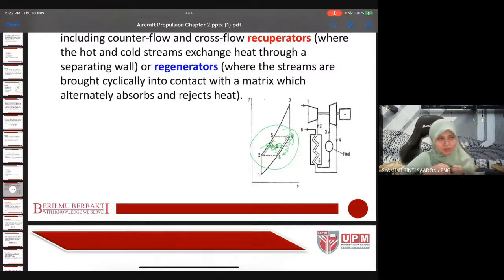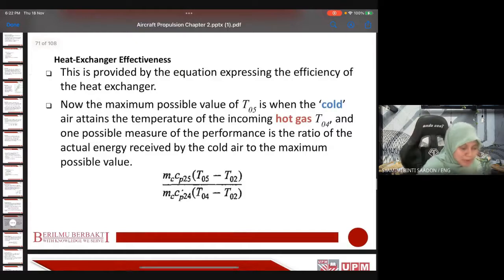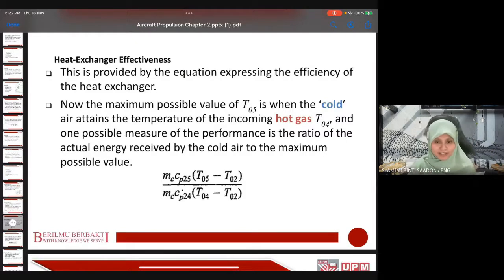If we assume the maximum, from the minimum to the highest point, which is point 4 here, that is the maximum possible value that the heat exchanger can transfer. So this ratio is the effectiveness of the heat exchanger.